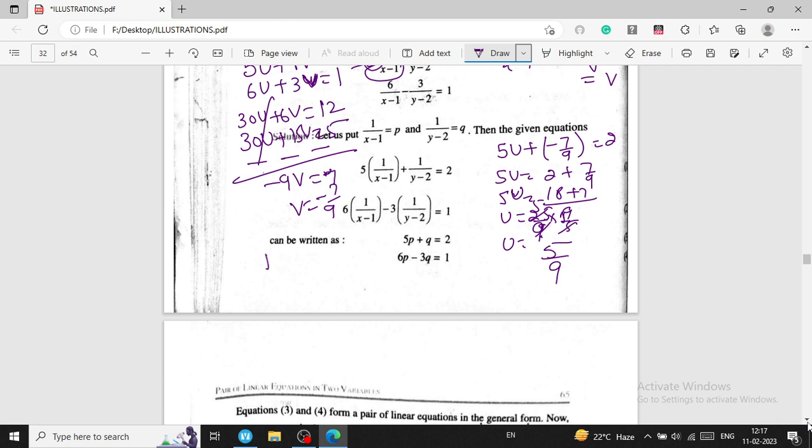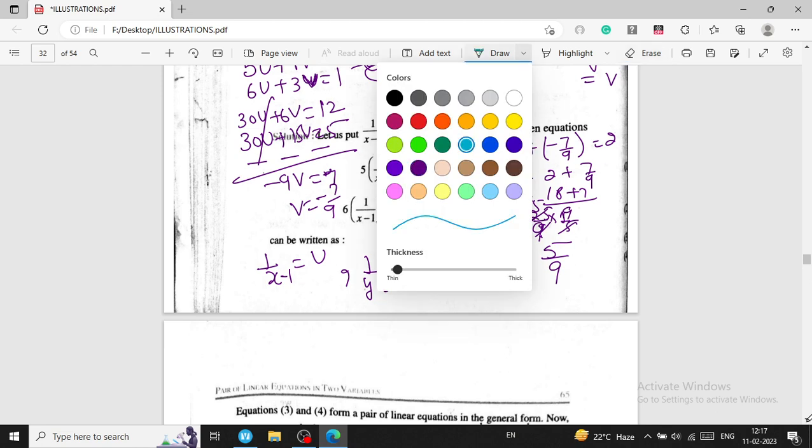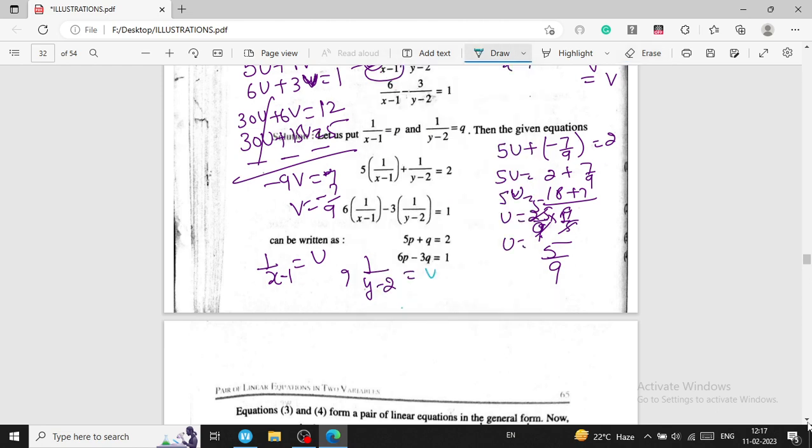You can write 1 by x minus 1 is equal to u, 5 by 9, and 1 by y minus 2 is equal to v, minus 7 by 9.